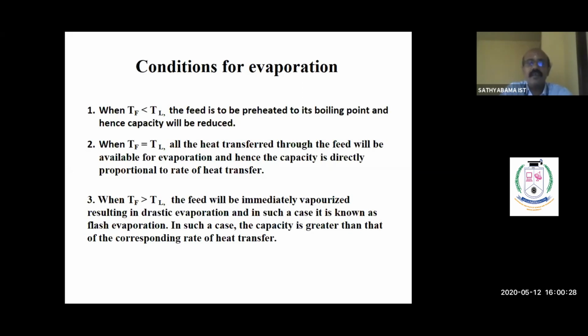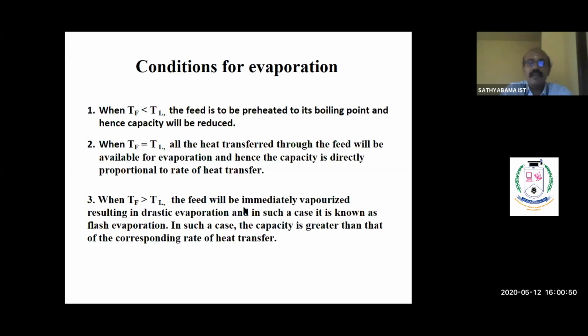In such a case, the capacity of the evaporator tube will obviously be reduced. Whenever TF is less than TL, that is feed temperature is less than the liquid temperature, which is nothing but the boiling point of the solution, the feed is to be preheated beforehand so that it can meet the boiling point of the solution, and then only the evaporation process will take place.